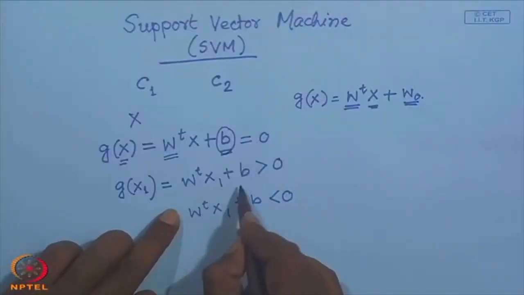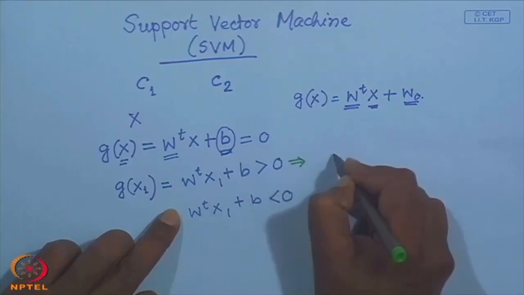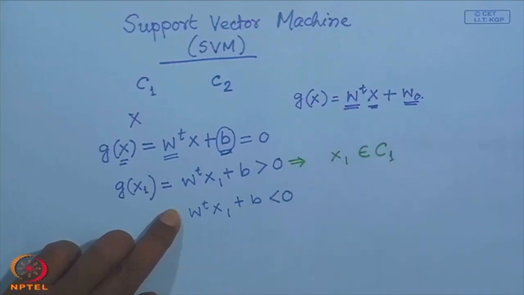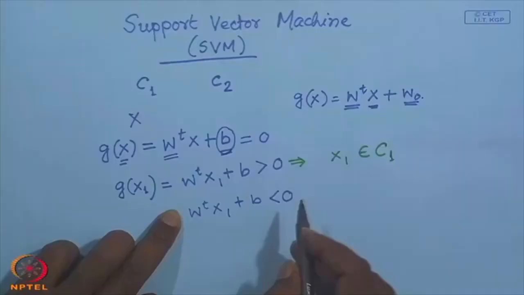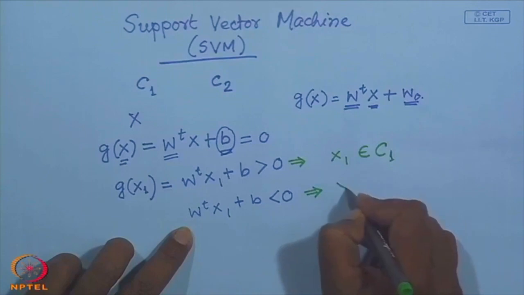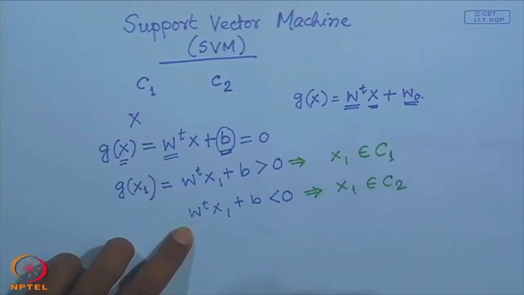And I can have my classification rule that if w transpose x 1 plus b is greater than 0, then x 1 belongs to class C 1, whereas if w transpose x 1 plus b is negative, then x 1 belongs to class C 2. So, this is my classification rule.